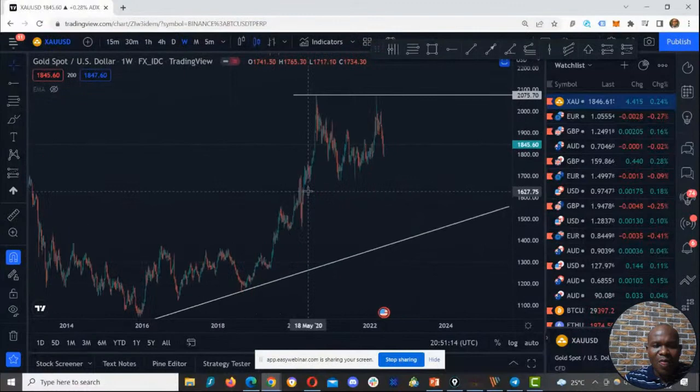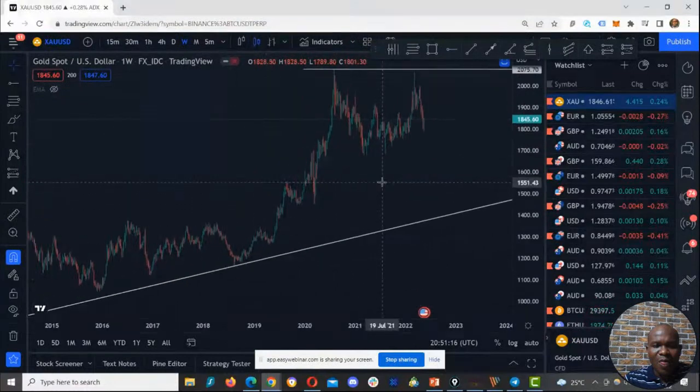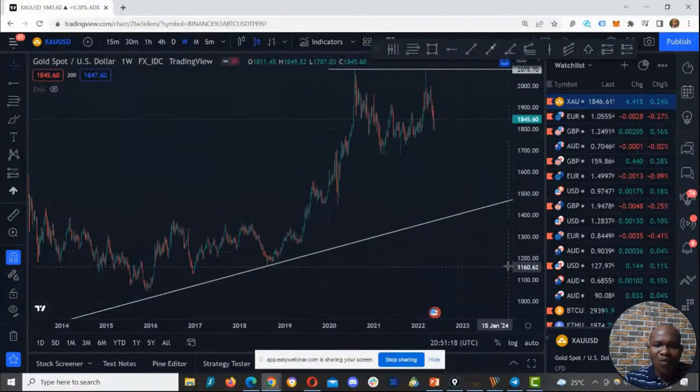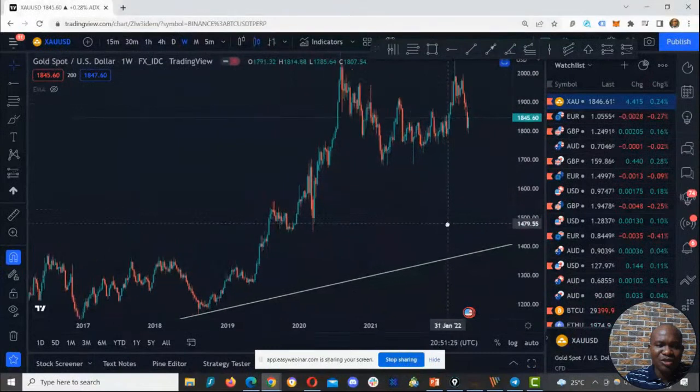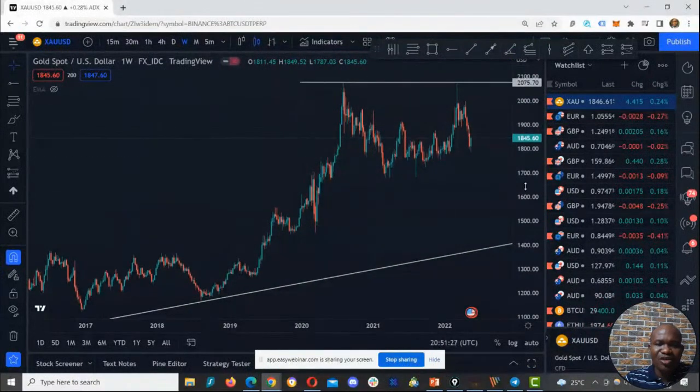And now from this move, let me ask you guys, from this second move, where are we going to put our trend? From this second wave, because we are considering this move now. The only trend we have for now on this weekly chart is this trend that we need to analyze.